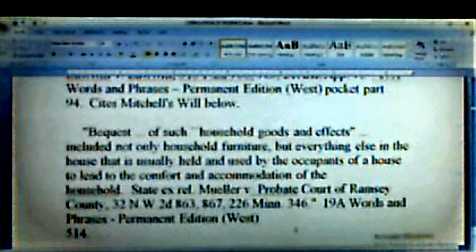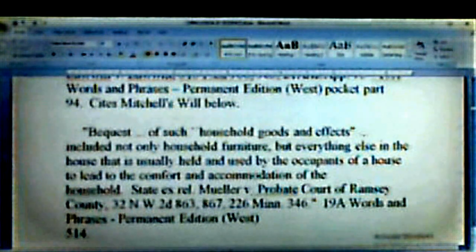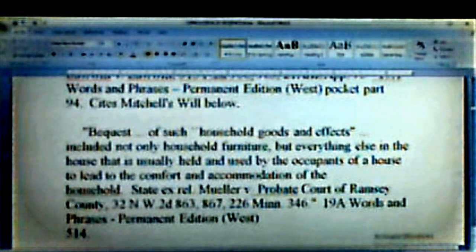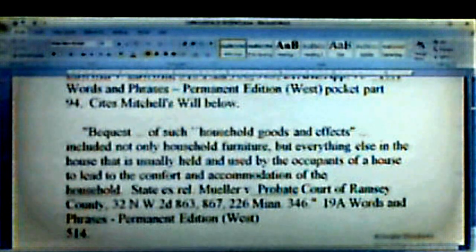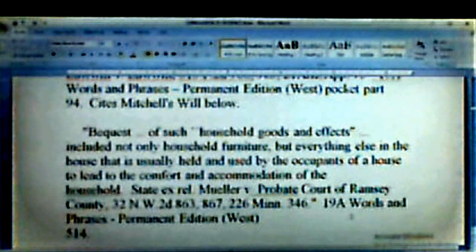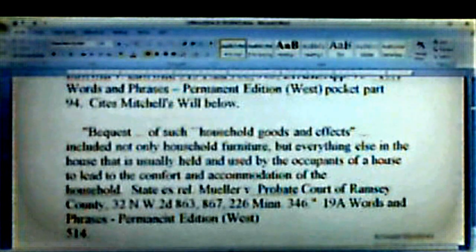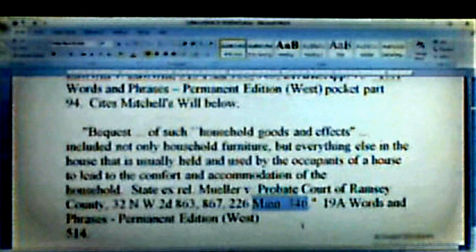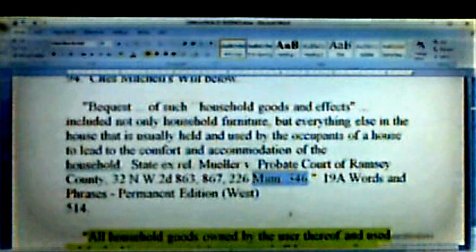And it says bequests of such household goods and effects include not only household furniture, but everything else in the house that is usually held and used by the occupants of a house to lead to the comfort and accommodation of the household. Okay? Mueller versus Probate Court of Ramsey County. And this, I believe, was in Minnesota. Okay? So, as you can see, it doesn't change.